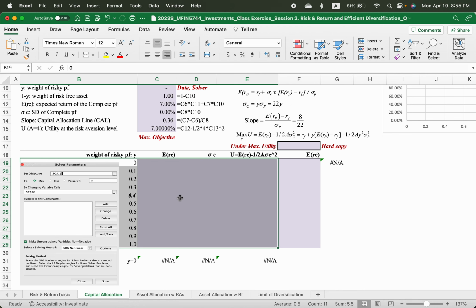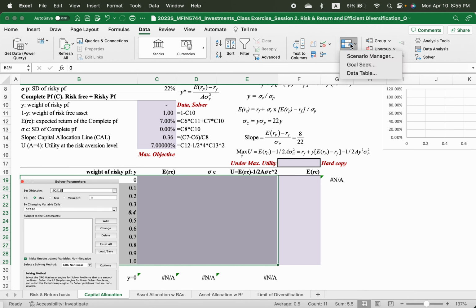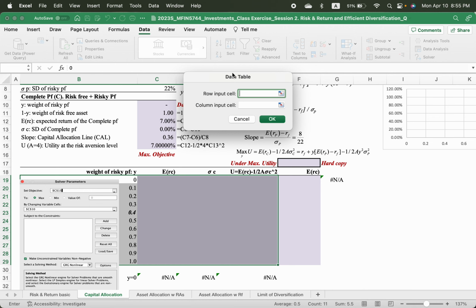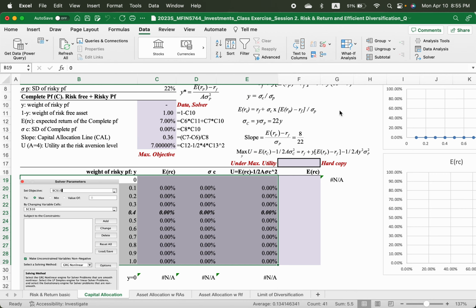We use the data, go to the data table, and column, because this is column, right? Column input cell, what do you want to change? Right, this weight. This weight we want to change, and okay. Then, okay, it is now.